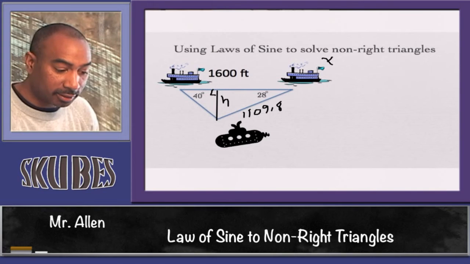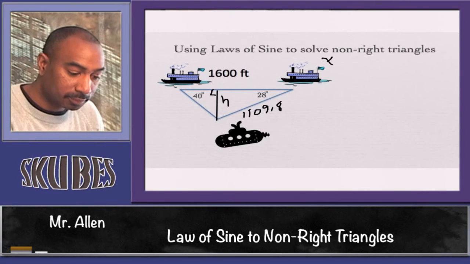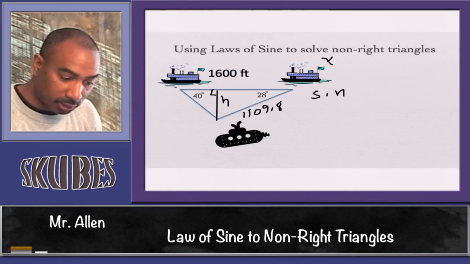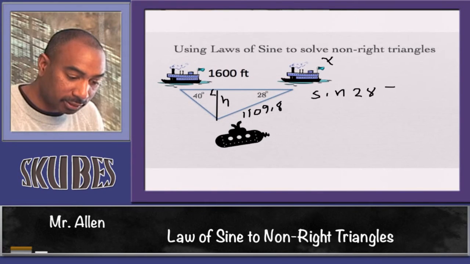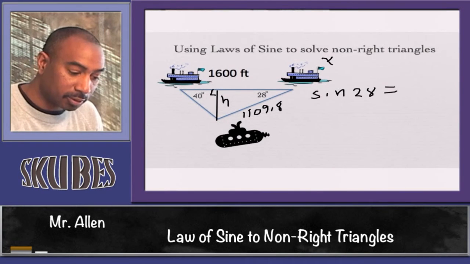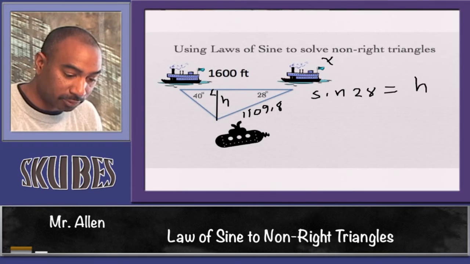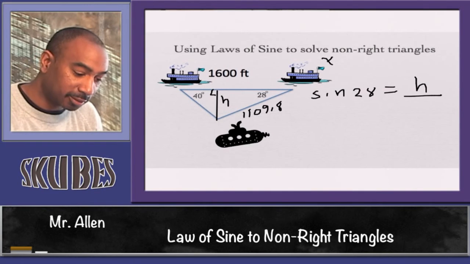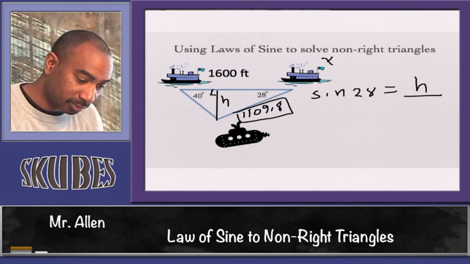So I'm going to take the sine of 28 degrees, and remember, that's equal to the opposite over the hypotenuse. In this case, my opposite side is the height. That's what we're looking for, but I needed this information in order to solve this.